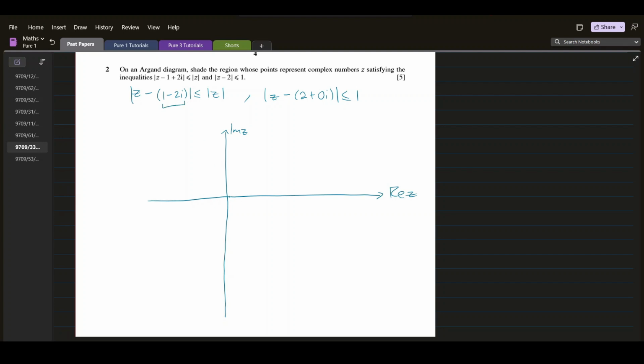That's 1 minus 2i. So 1, and minus 2 is somewhere here. So our point is over here. And then z, when it's just z, it means that our point is the origin, O. So it means we have a line joining these 2 points, and we need to bisect that line.